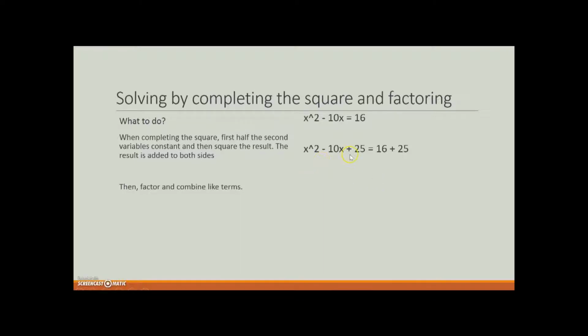Okay, then factor and combine like terms. So you have to factor this right here, and then it would turn to x - 5, and then add 16 and 25, and it'll be 41. Oh, (x - 5) squared.